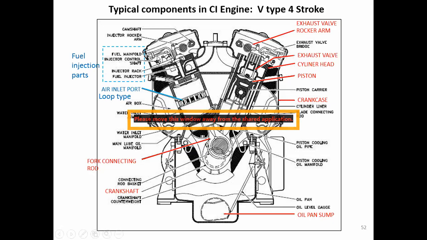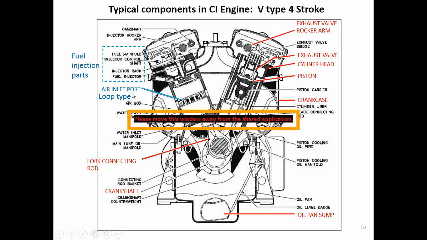In the SI engine, you see the carburetor, but for the CI engine, there is no carburetor. From the very beginning of the invention of the engine, they have a fuel injection part, which is right here.